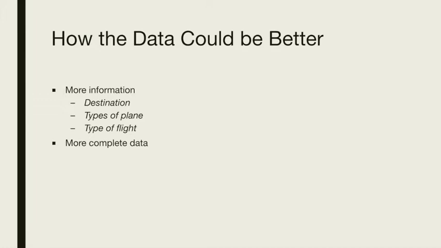Some information that would have been helpful would have been the destination of the flights, or where they're going, and the type of plane that was flying, because that would give me some sort of idea of the type of flight or the amount of people that were on it. So just more information leads to better analytics because you're able to draw more conclusions. And also some more complete data would have been nice because I had to remove a lot of data records because they did not have complete information available.